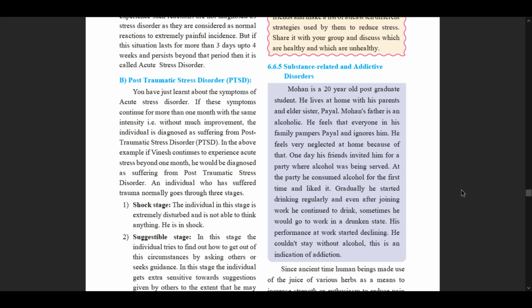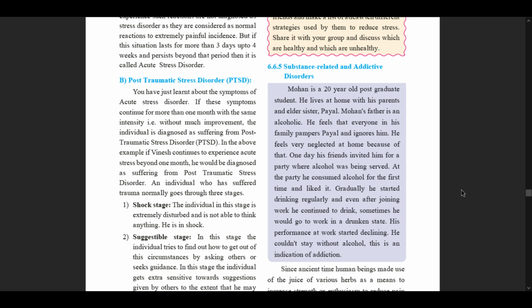In the example, if Vinesh continues to experience acute stress beyond 1 month, he would be diagnosed as suffering from post traumatic stress disorder.